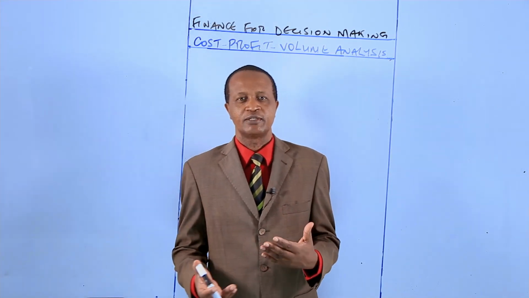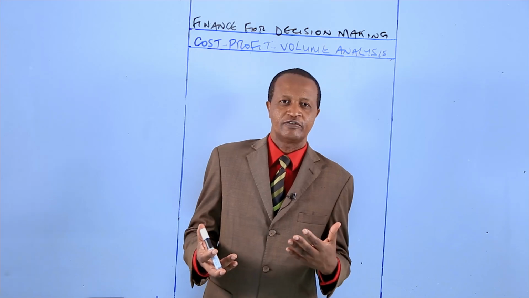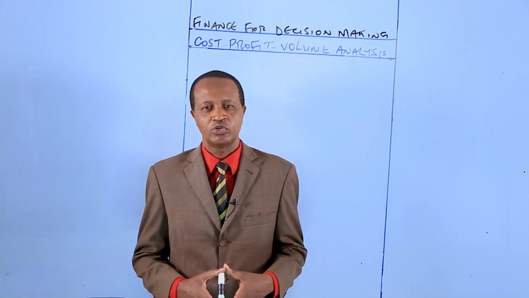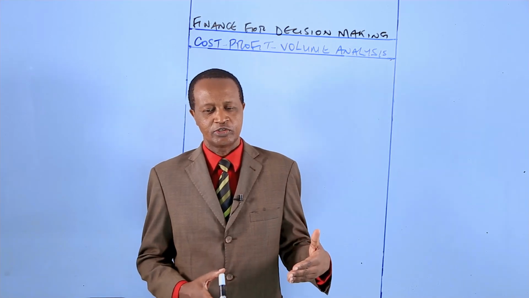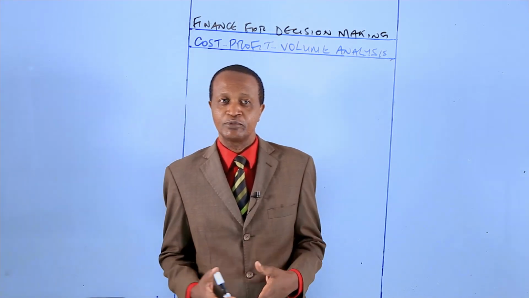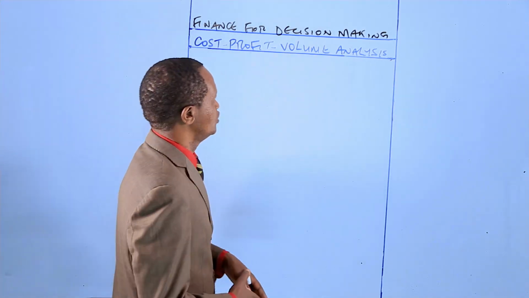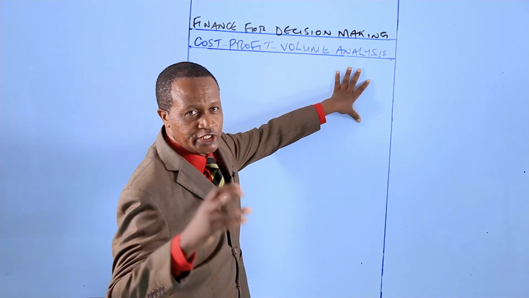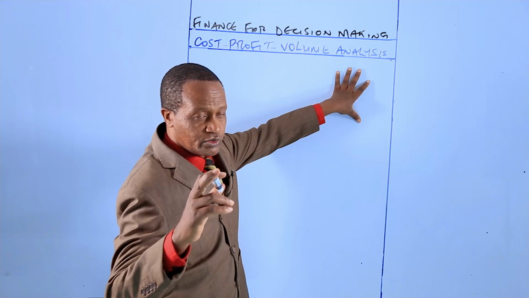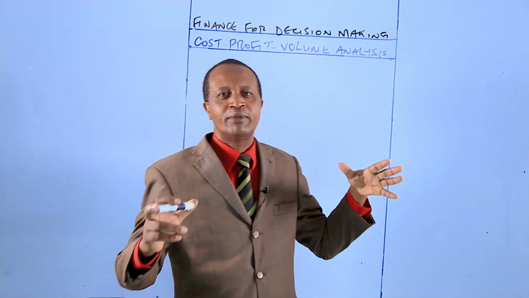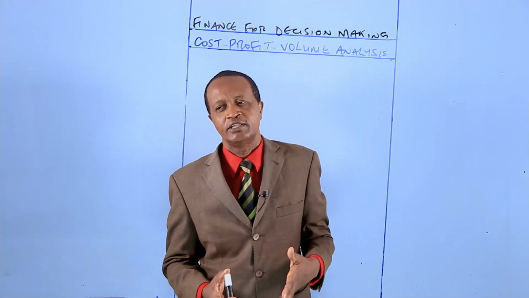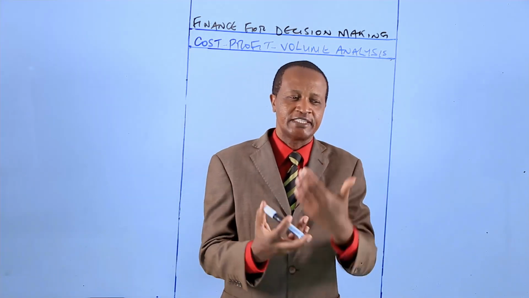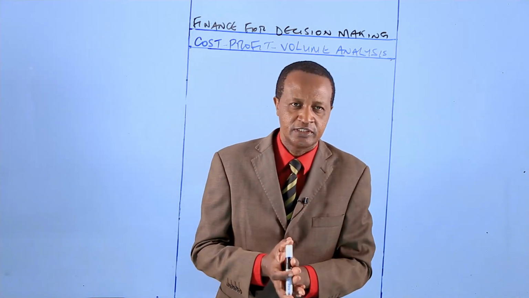We continue with the subject finance for decision making. The topic is budgeting and budgetary control. In today's lesson, we are going to consider the last subtopic, which is cost, volume, profit analysis, a crucial tool in management accounting that is used to study the relationship between costs, sales volume, and profit.